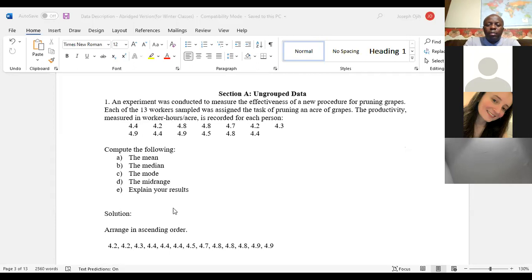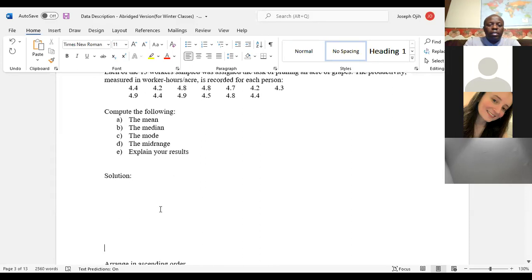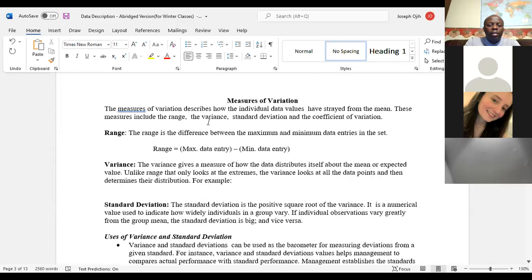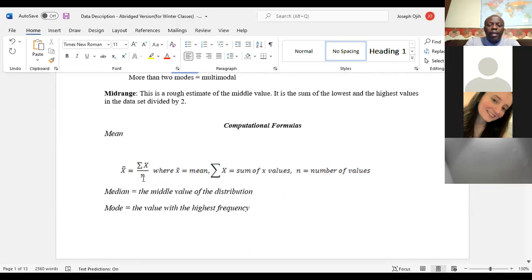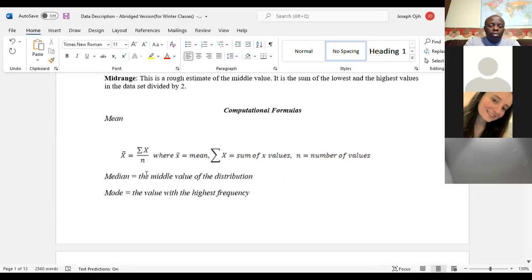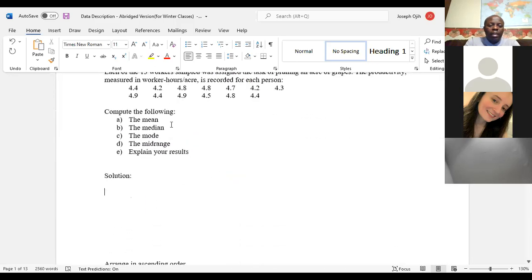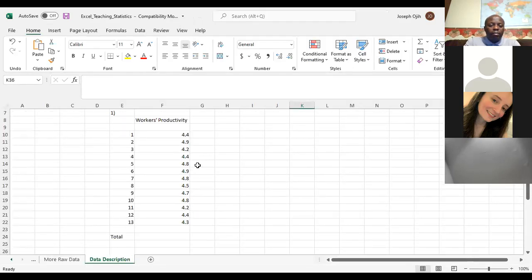So the best way is to put them in a tabular form. You can see that the formula says that mean is the sum of all the x divided by n. So let me put them in a table form, and then we can get the mean right from there. Just give me 1 minute. Let me pull it up from where I left it in Excel.